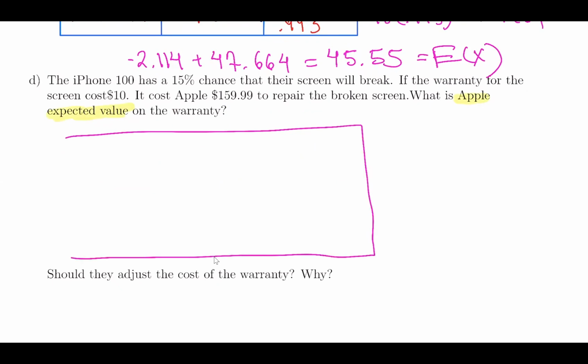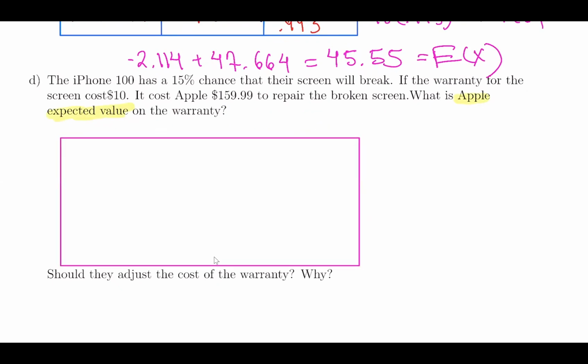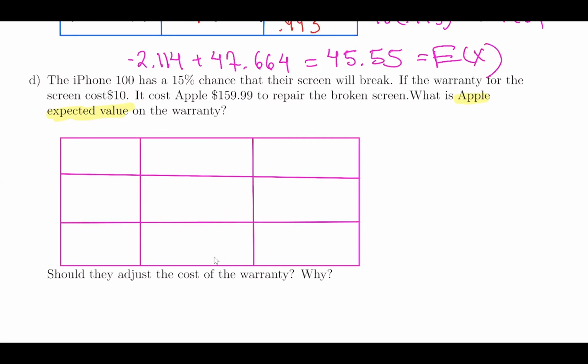So we're gonna go ahead and make a box again. So we'll say X, we'll say P of X. All right. So for this one, what can happen to the iPhone?